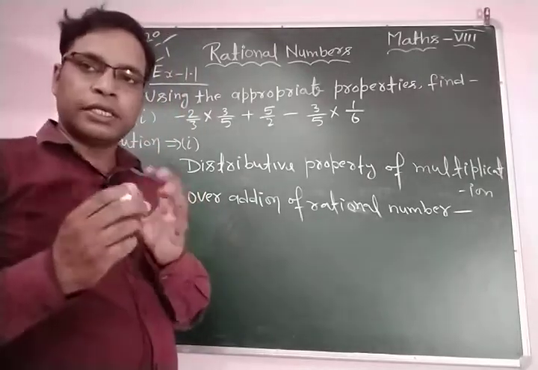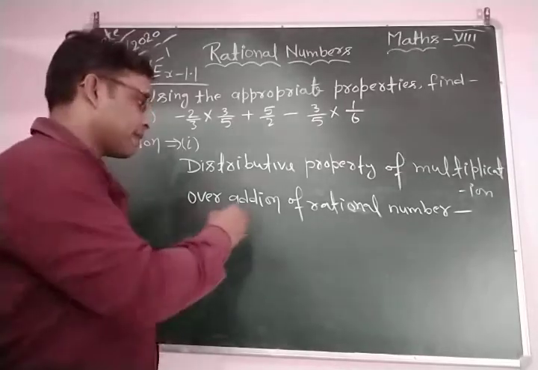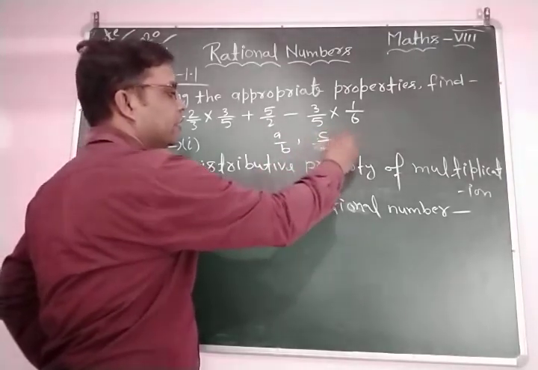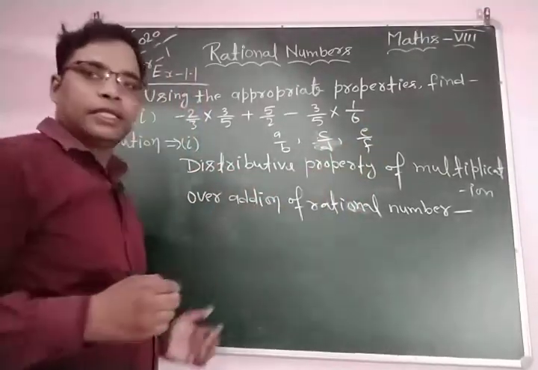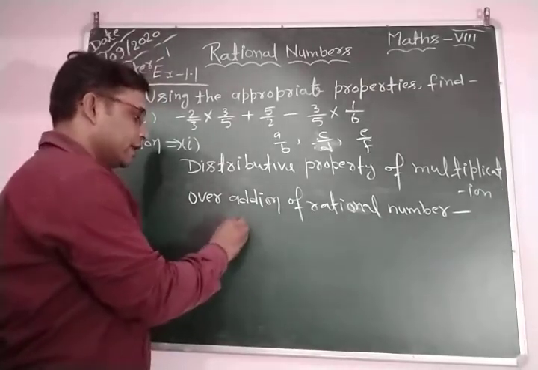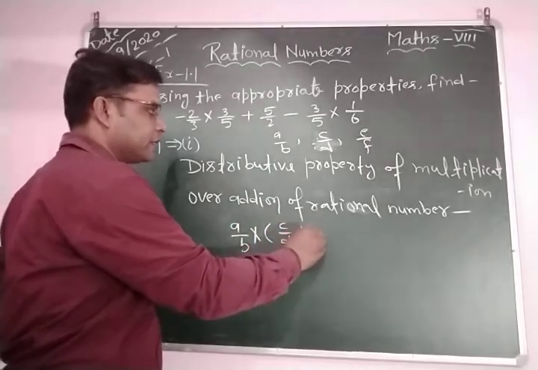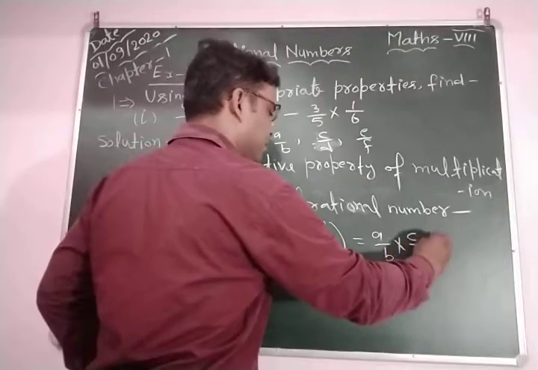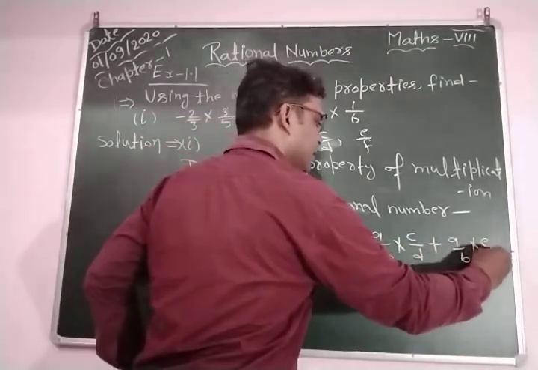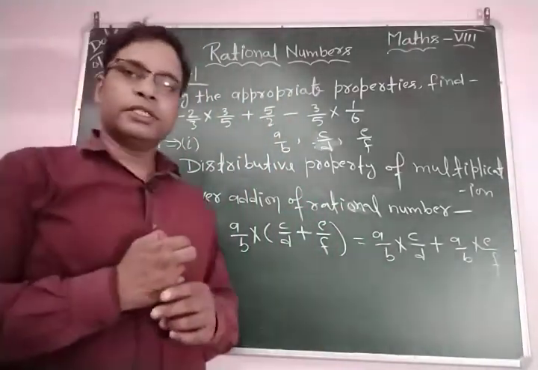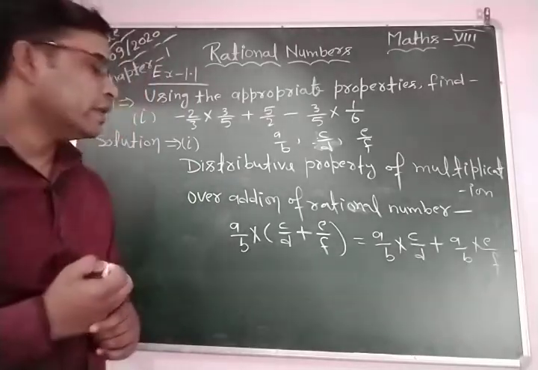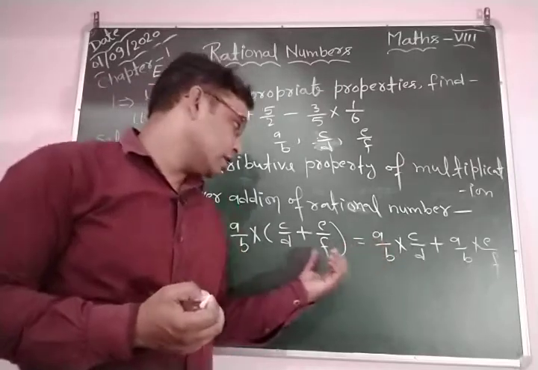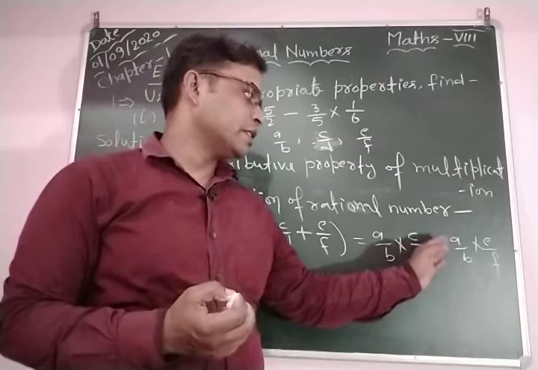If we have three rational numbers, a by b, c by d, and e by f, then you can write a by b into c by d plus e by f is equal to a by b into c by d plus a by b into e by f.